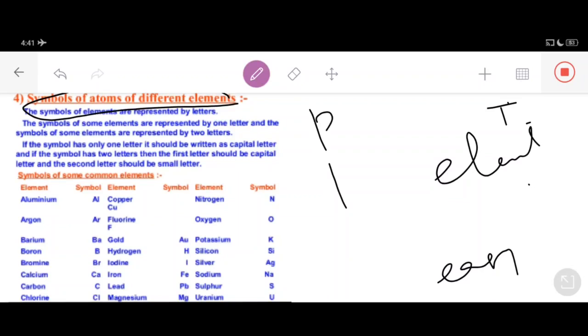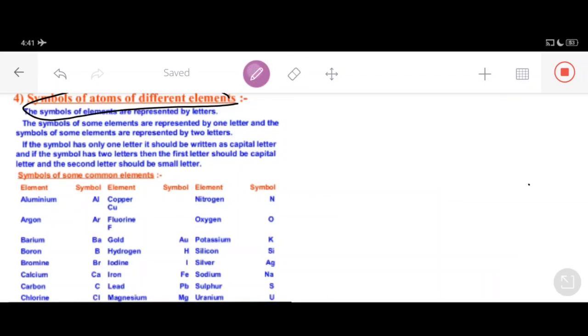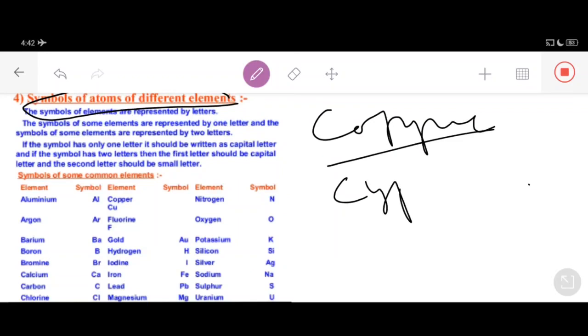For example, the name of copper. As far as copper is concerned, the name is derived from Cyprus, where the element was once mined. I'm talking about the ancient times, my dear students.